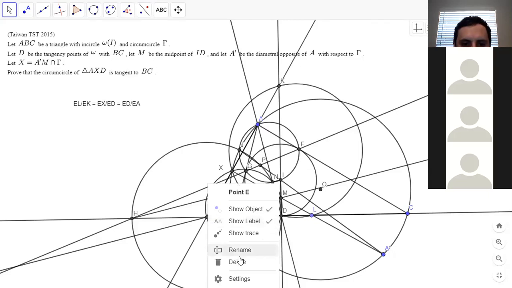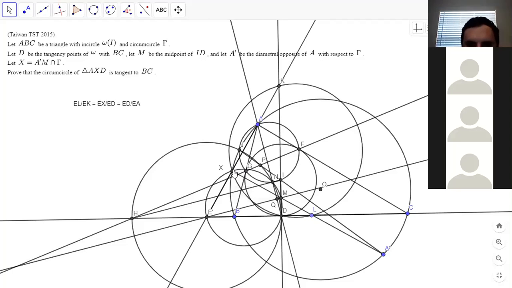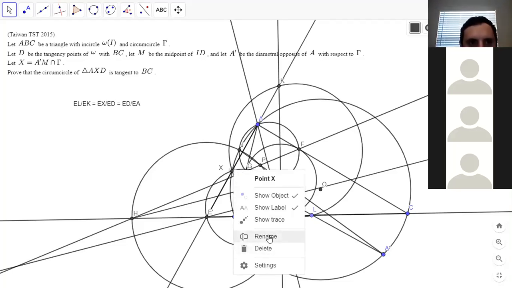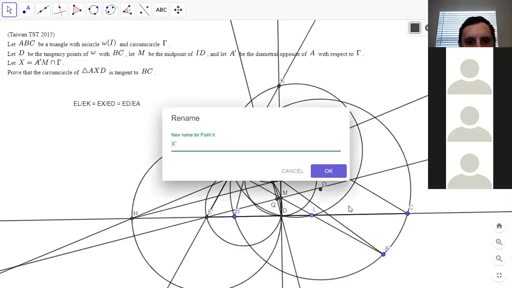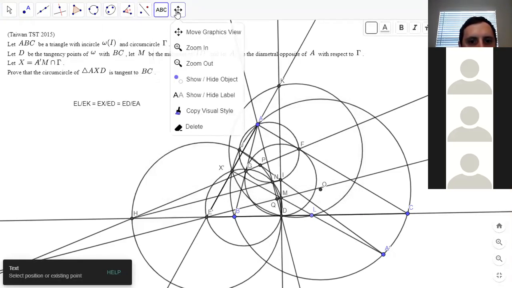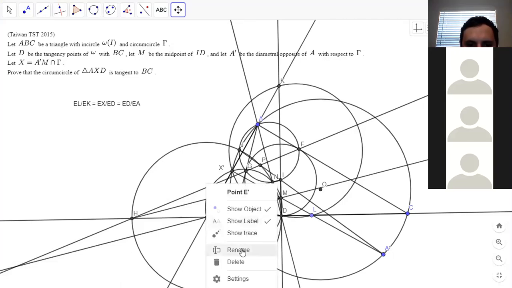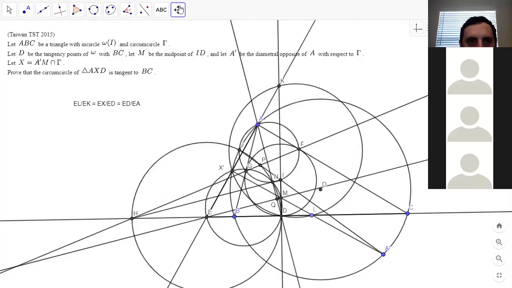So I'll call this E prime, and this is X prime. Actually, I don't think E prime is in the problem, so we could probably just call it E. I'm going to hide a bunch of stuff, and draw that back in just a second.